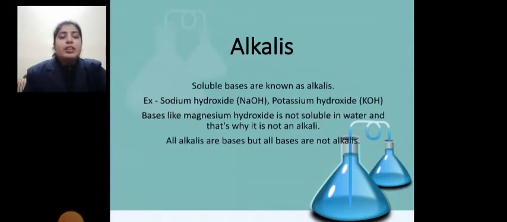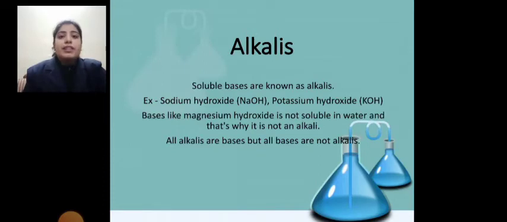Now alkalis. Soluble bases are known as alkalis. For example, sodium hydroxide and potassium hydroxide. So the bases which are soluble in water are known as alkalis. Now, bases like magnesium hydroxide are not soluble in water, and that is the reason it is not an alkali.